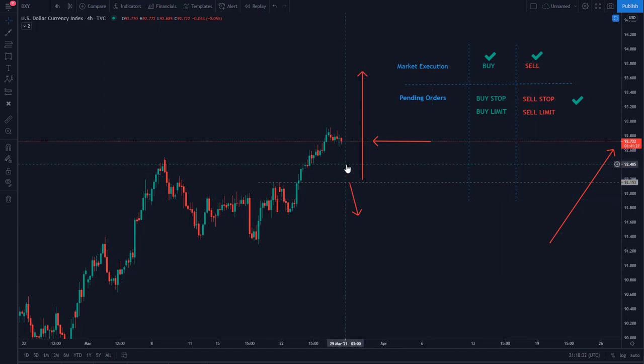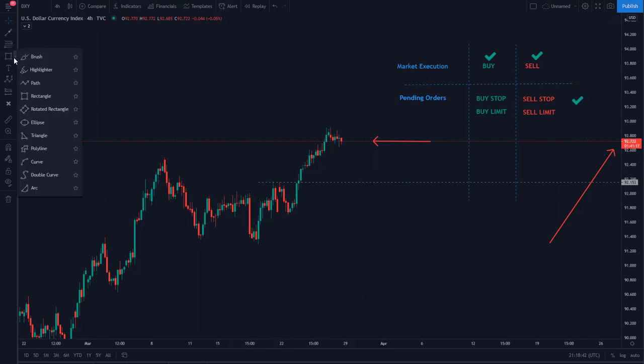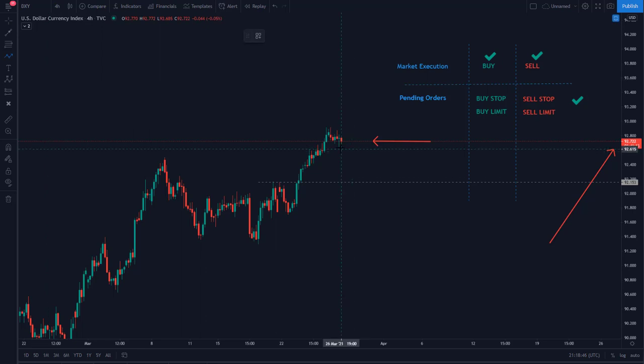If the current market price is here, we want to wait for the market to come down here, activate our buy order, and then move to the upside. This is called a buy limit.